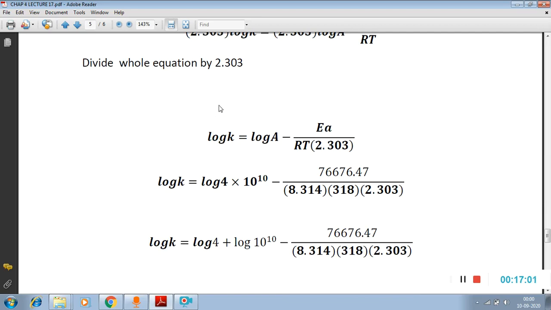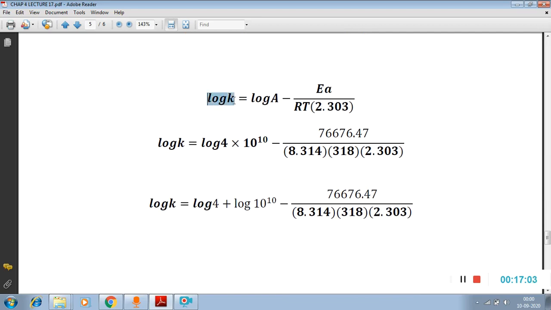Here log K is equal to log A minus EA by RT into 2.303. Now A value is given as 4 into 10 raised to 10. So here I have written that 4 into 10 raised to 10. EA value we found out, 76676.47. R value, T value here is the third temperature, 318 Kelvin.